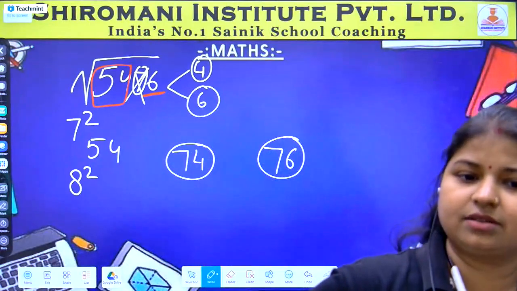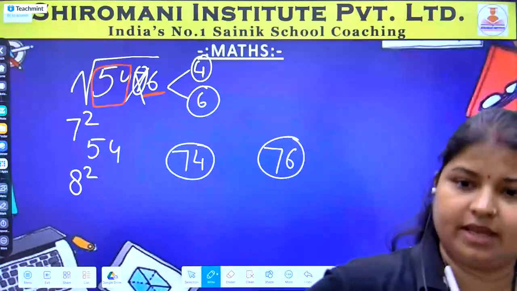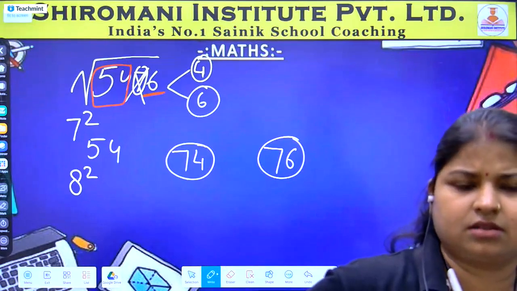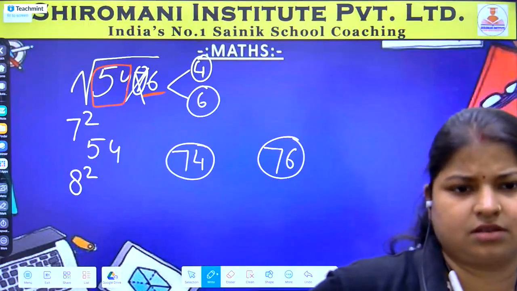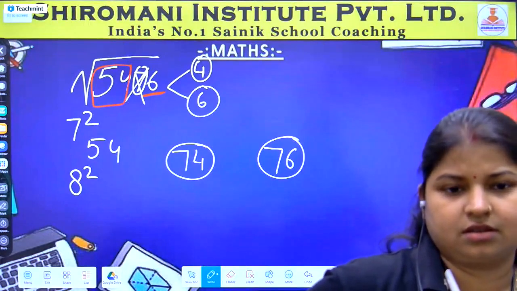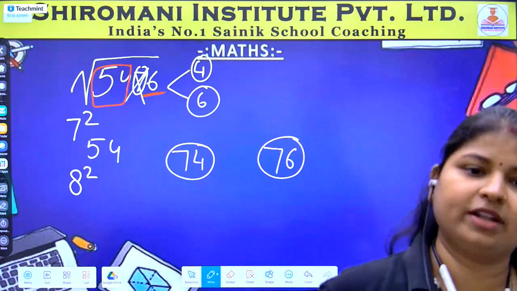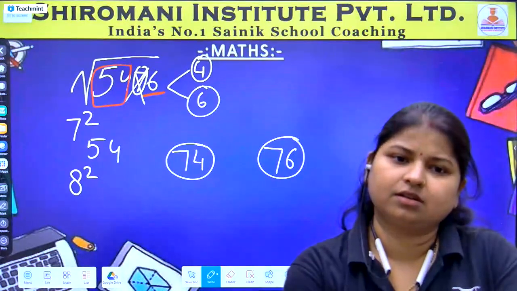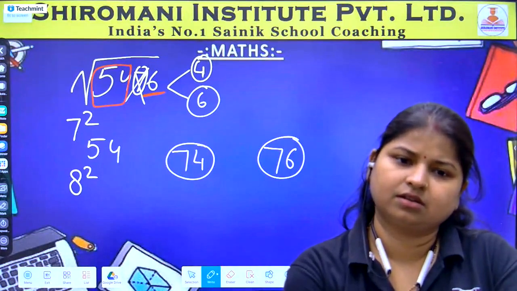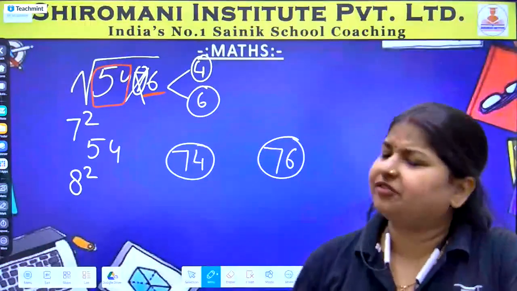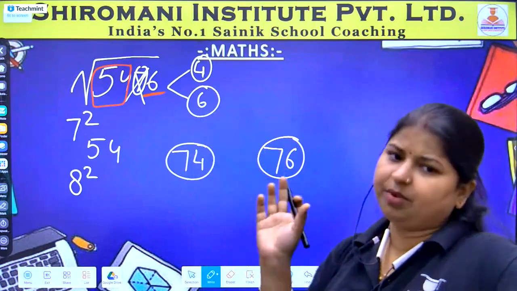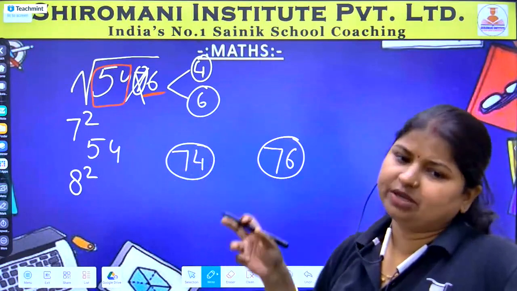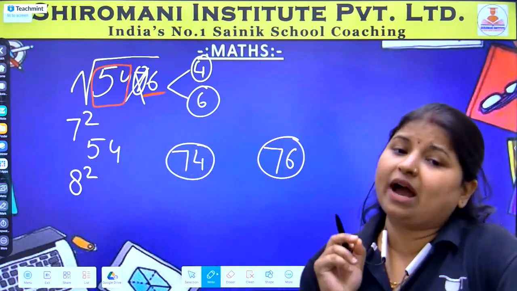Yes, Ajish? Ma'am, in the 54 part. Beta, 54 is in the question, the remaining number. You have to see that this 54 comes between which two square numbers.